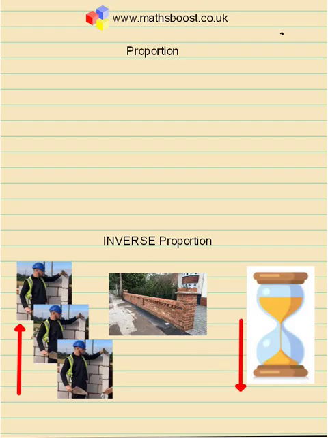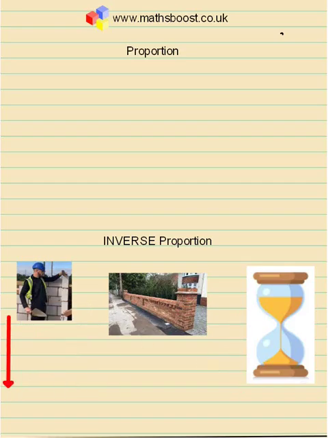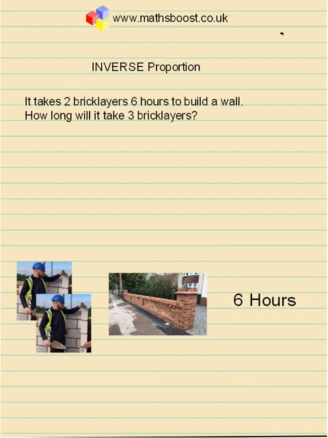As one thing goes up, the other thing goes down. And if the number of bricklayers goes down, the time it takes to build the wall goes up. So inverse proportion, the opposite happens. As one thing goes up, the other goes down, or as one thing goes down, the other goes up.